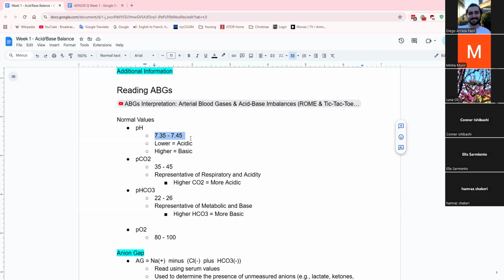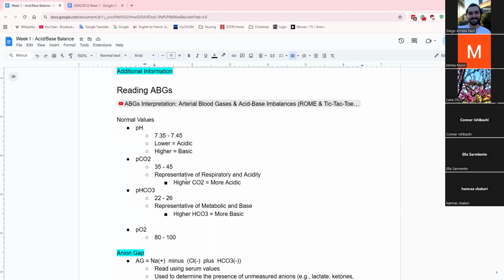Okay. The next thing you're going to want to look at here is the CO2, the partial CO2 level. So the normal value is going to be between 35 and 45. And the way you want to think about it is, when you're breathing in oxygen, breathing out carbon dioxide. So you kind of associate that with the lungs.